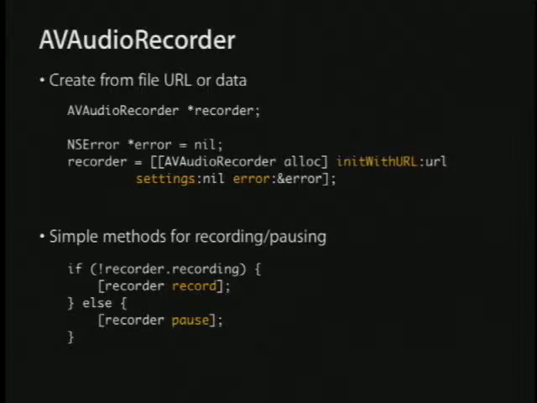And you can get an error out in case there was a problem. For recording, just like in our example app where we were toggling the playback and pausing, we can do the same thing here where you can record and you can pause. And as you record, as the queue fills up, it's going to write those things to disk.